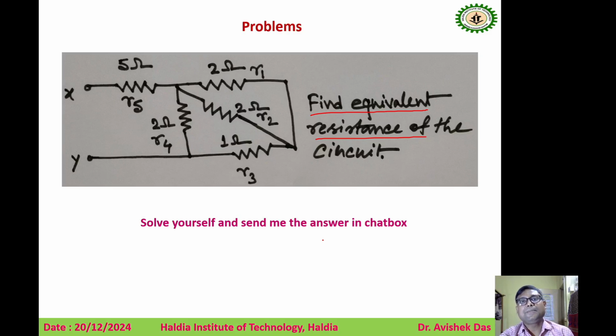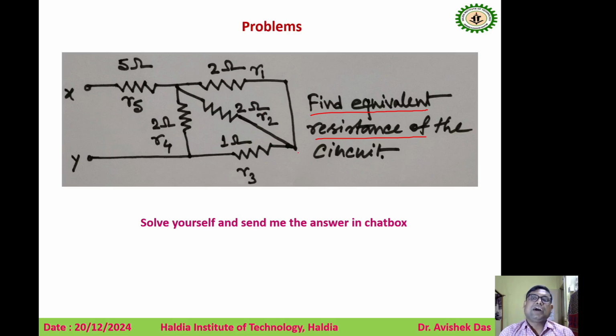In this problem, resistors R1, R2, R3, R4 and R5 are connected. R1 is 2 ohm, R2 is 2 ohm, R3 is 1 ohm, R4 is 2 ohm, R5 is 5 ohm. Between terminals X and Y, you have to find the equivalent resistance.